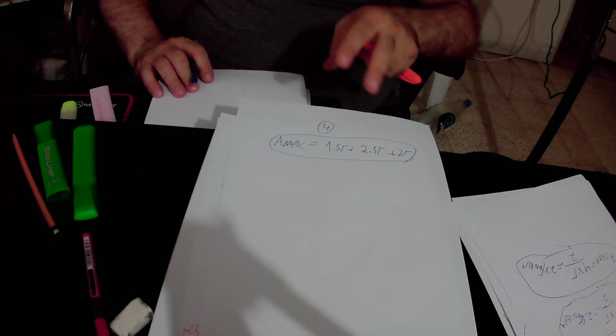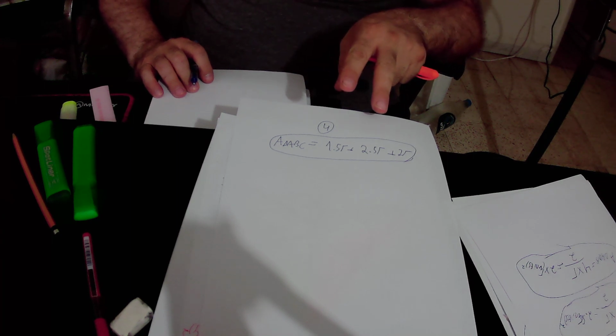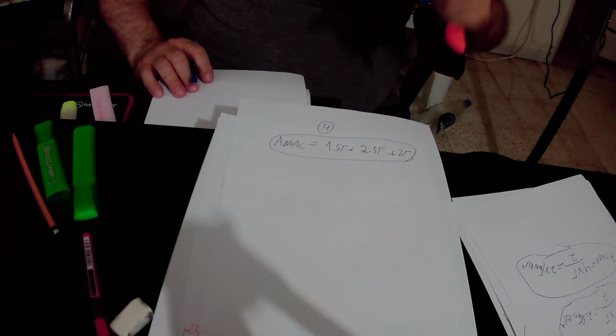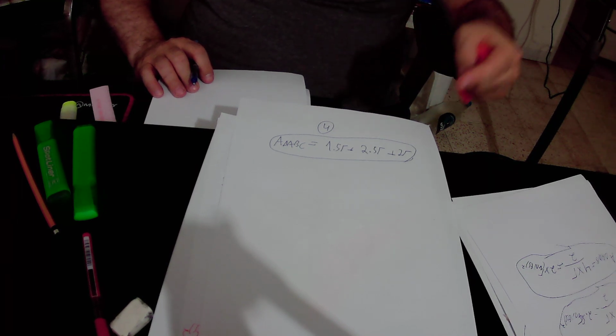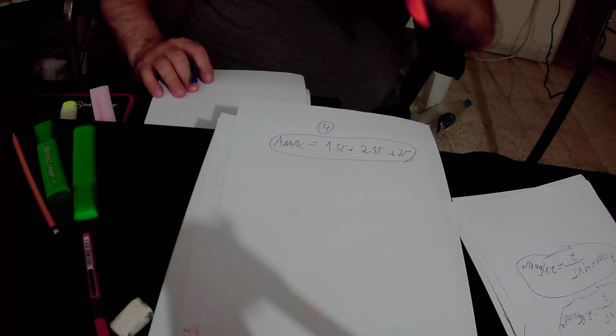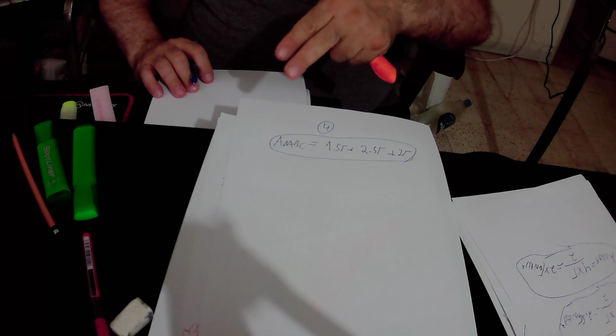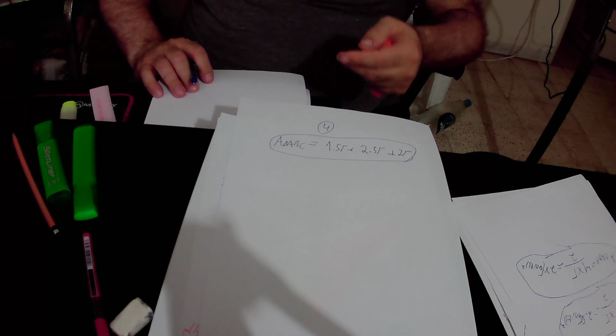So the sum of those three areas equals the area of the big triangle ABC.